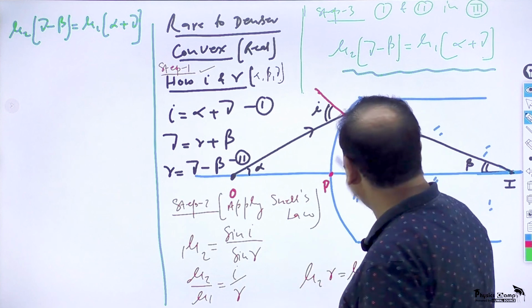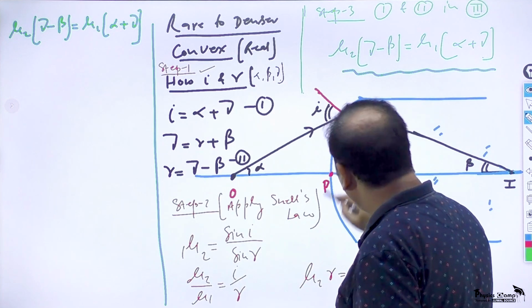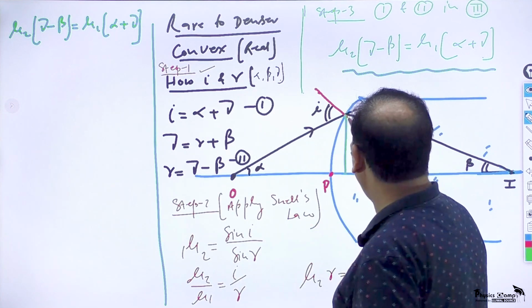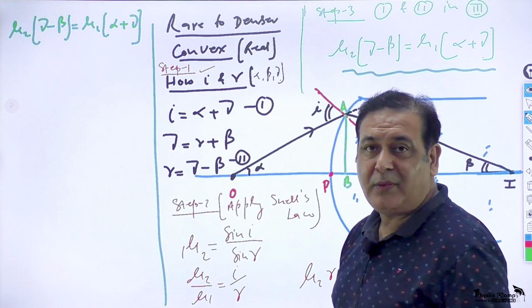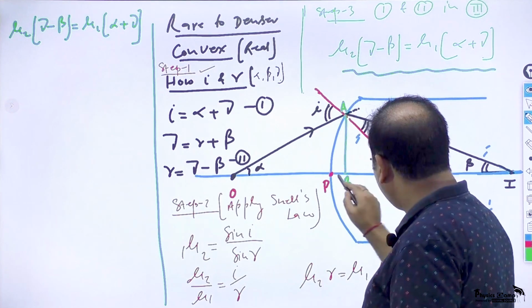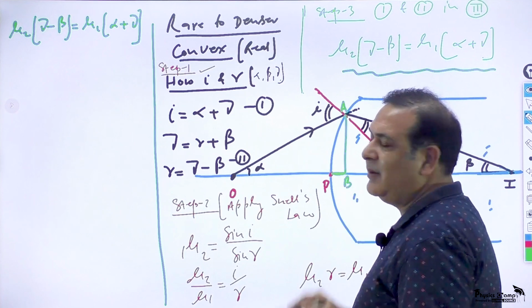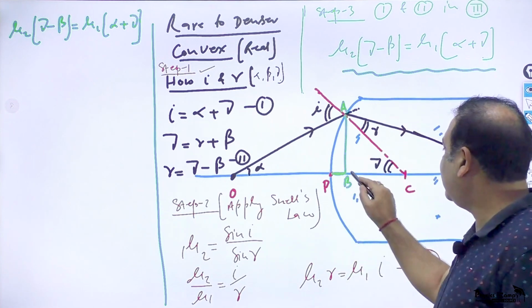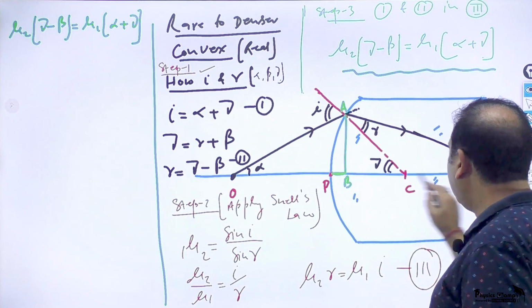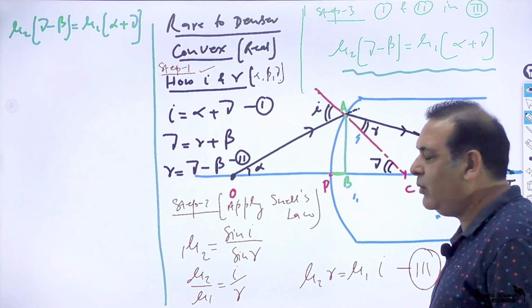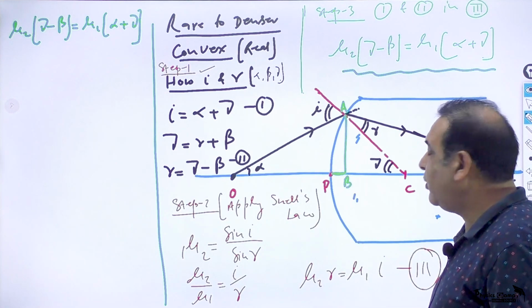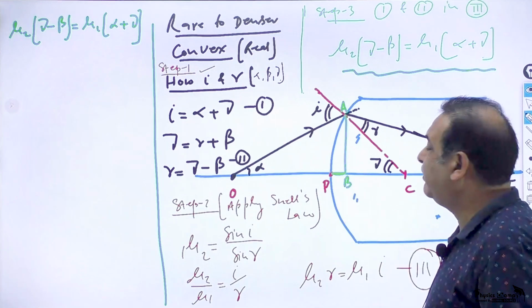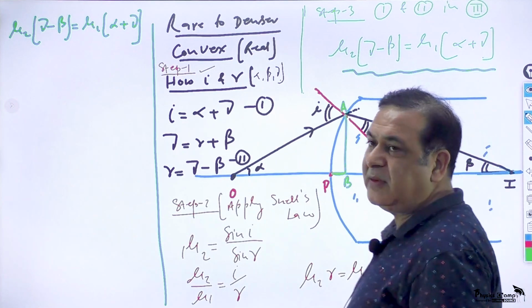To further do it, we draw a perpendicular from here. Let's call it A, let's call it B. And you know, due to such curvature, this PB is always negligible. So if we are measuring any distance from B to C, B to I, B to A or B to O, I can always call them from O, from P, from pole, which is always convenient.